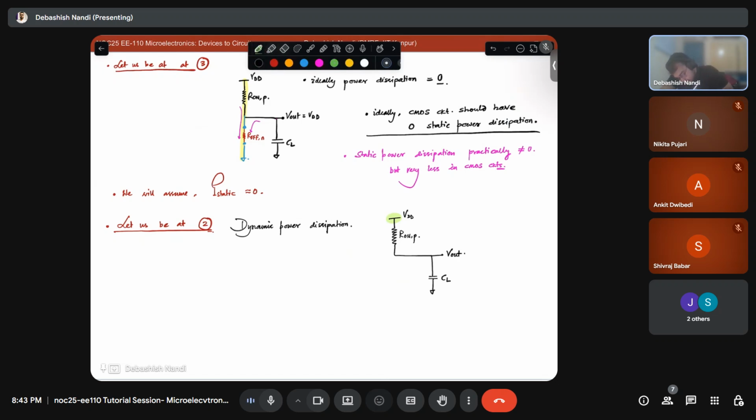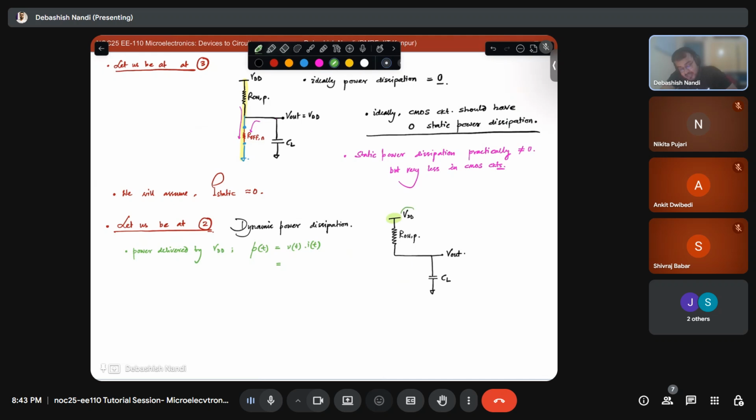So the power delivered by VDD, let's say instantaneous power is P(t), will be equal to what? V(t) times I(t), right? So V(t) is what for VDD?